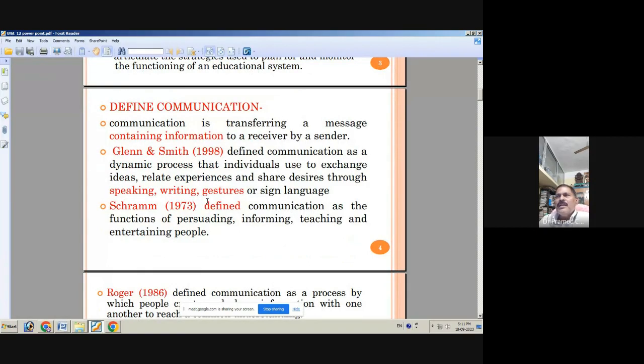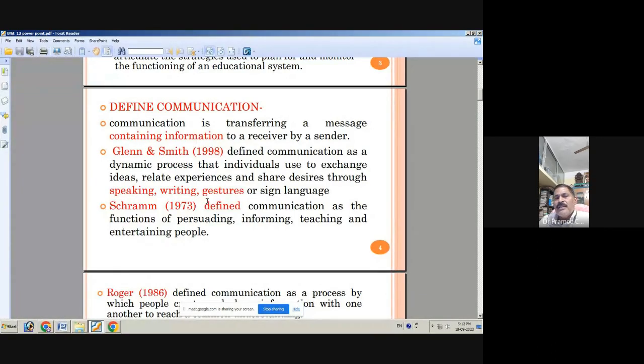So communication is transferring a message containing information. When we are transferring a message, that message must contain information, which will be received by the receiver.